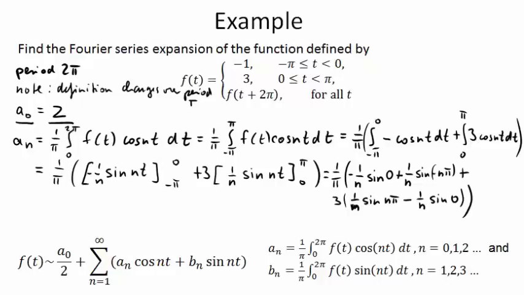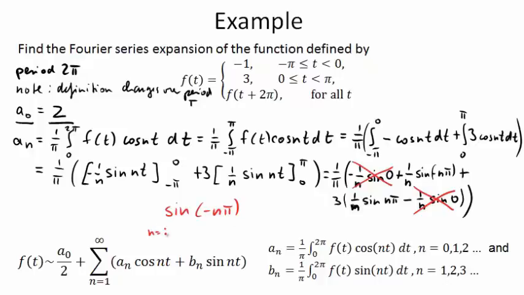Now, as it turns out, we can simplify this significantly. Sine of 0 is 0, so this whole thing disappears. There's another sine of 0 here. Now, what is sine of negative n pi? If we look at what n actually is, n could be 1, for example.